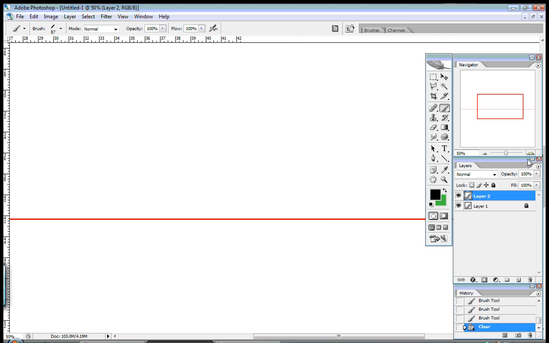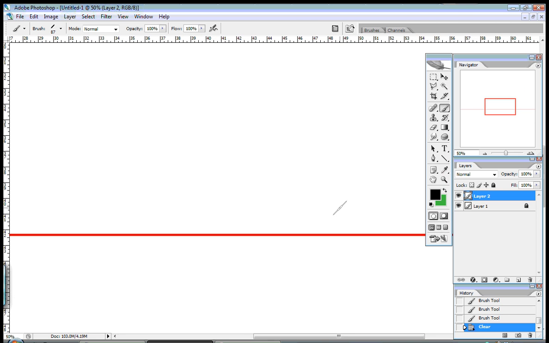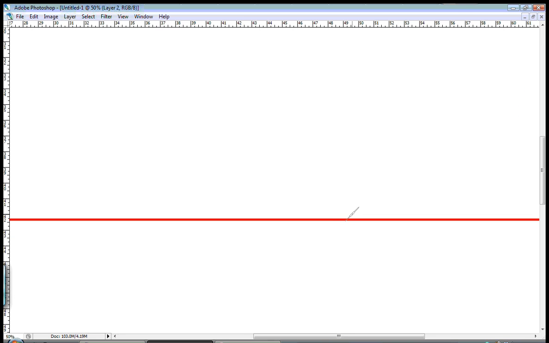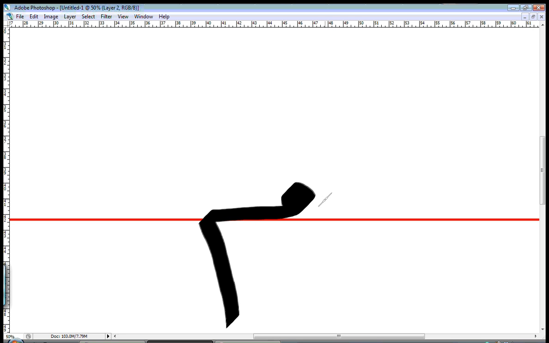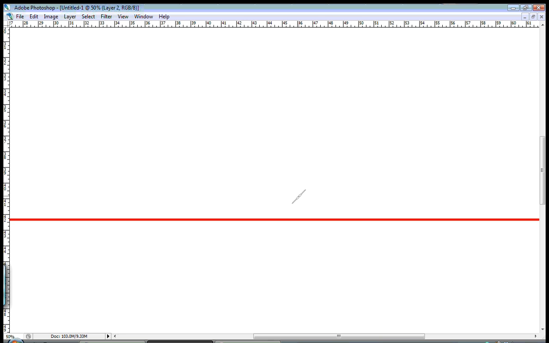So the next letter is the letter meem, which is equivalent to the M. It's pronounced M, and the name is meem, and the way you write it is like this. This is one way. Some people would have a gap, but it's the same. So, meem.